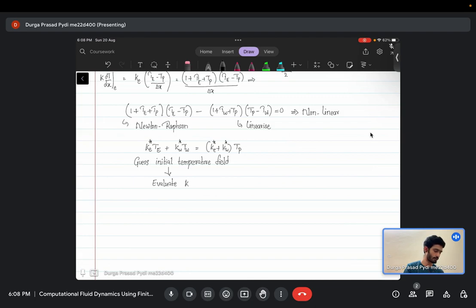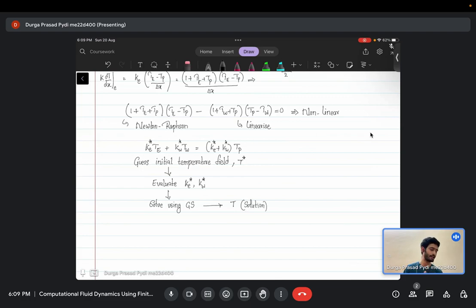You evaluate K star with the guess field. Say this is T star. Assuming this T star field, you evaluate the values of Ke star, Kw star, and with those coefficients you solve using Gauss-Seidel, and once you solve, what you get is a new temperature field. This is my solution.